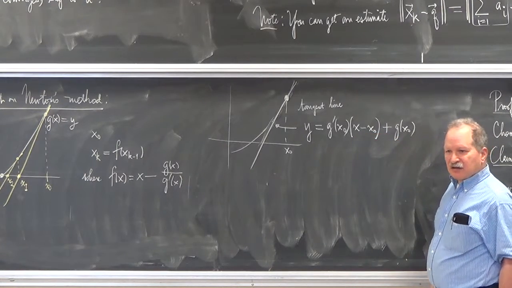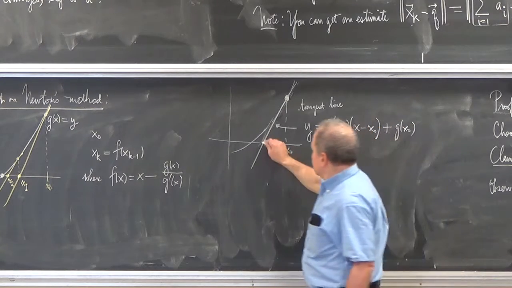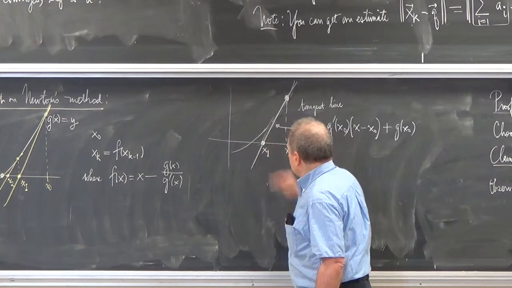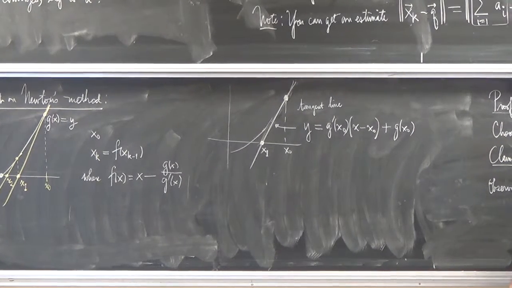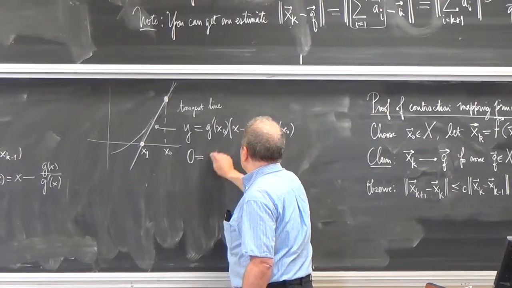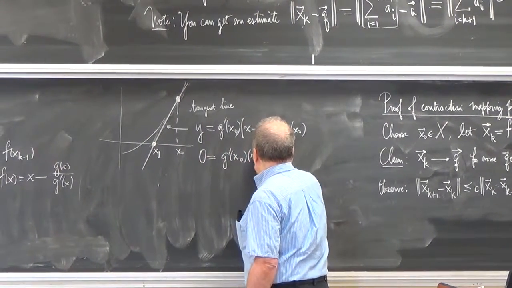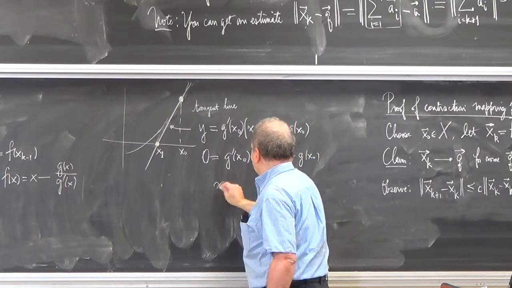What we want for the tangent line is where it crosses the x-axis, so we want the x-intercept. How do you find the x-intercept? Say y equals 0. And when that happens, we're calling that point x1. So we're solving for x1.